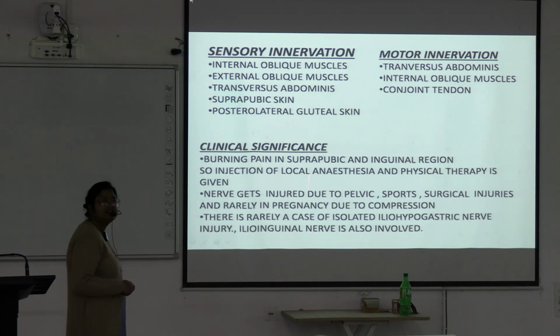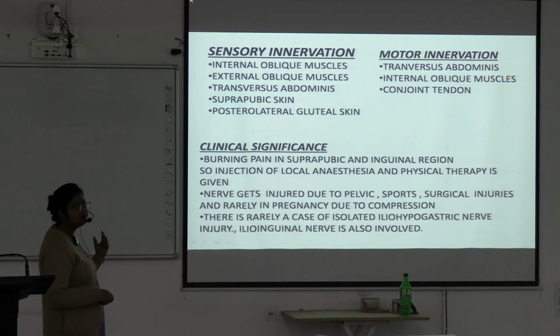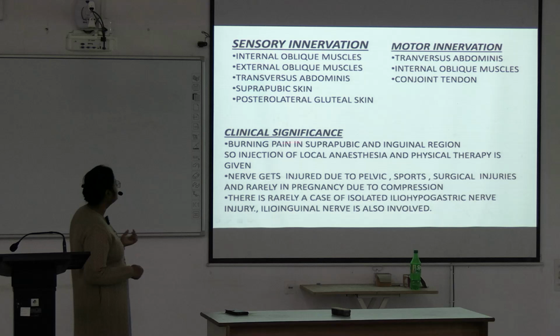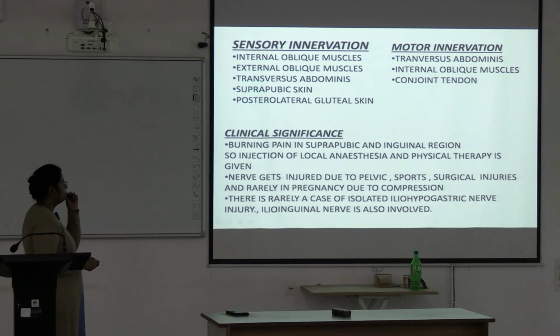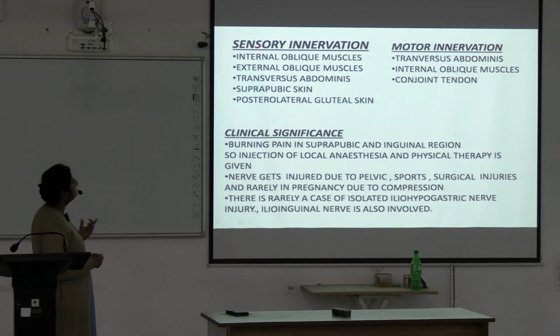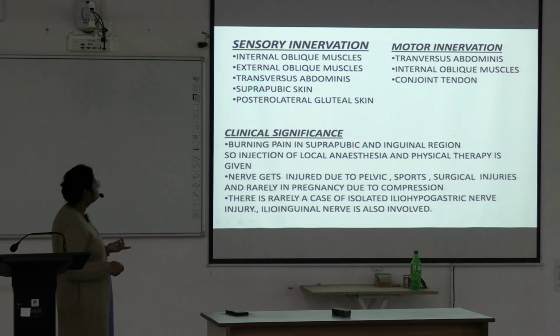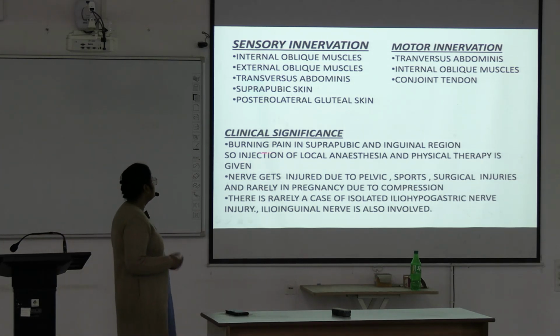What is the clinical significance? If the nerve is injured, there will be burning pain in the suprapubic and inguinal region, since it gives sensory supply here. Injection of local anesthetic and physical therapy are given in treatment of this.